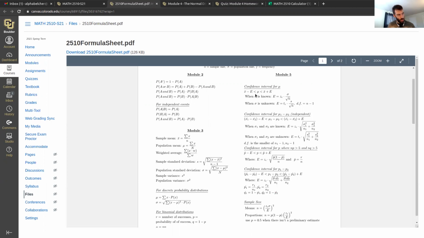Now, this statement isn't always true. The population mean isn't necessarily in the middle, but we can say with a certain degree of accuracy that it is. And how do we want to build this margin of error? With this formula here.